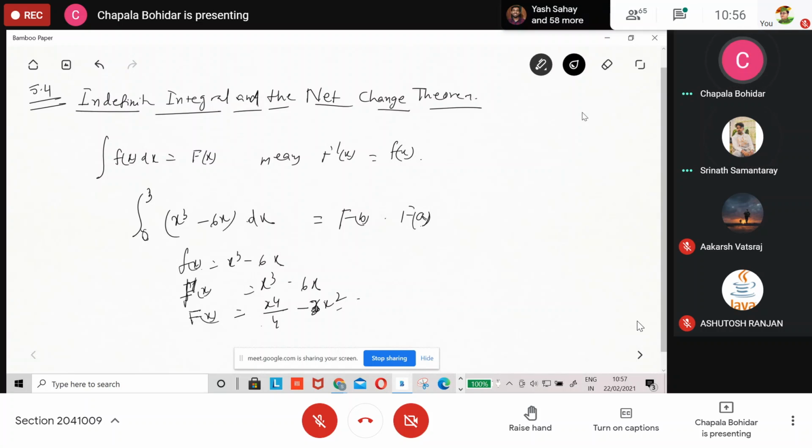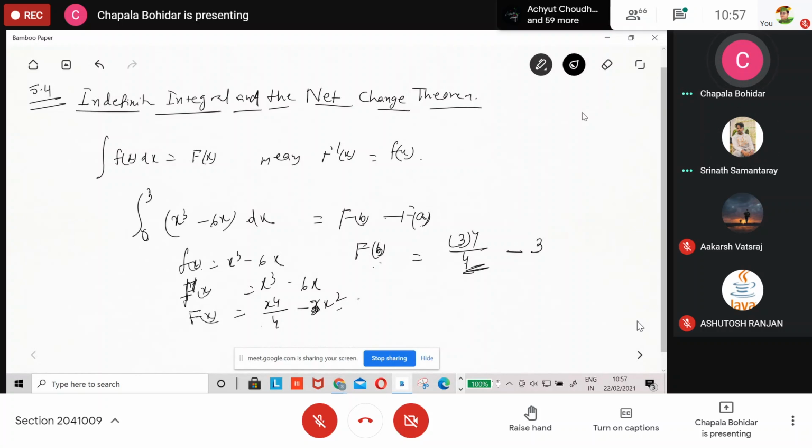Yes. F of b is equal to 3 to the power 4 by 4 minus 3 times 3 square, then write down F of a, then simplify. Minus 57 by 4. So you can do it any way.